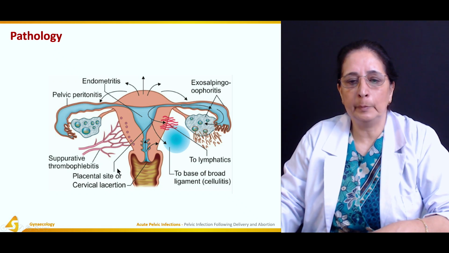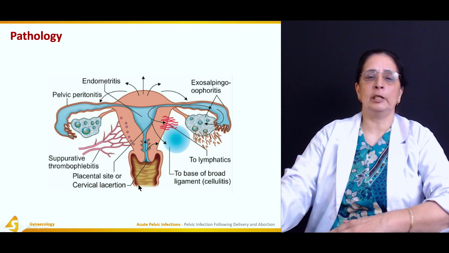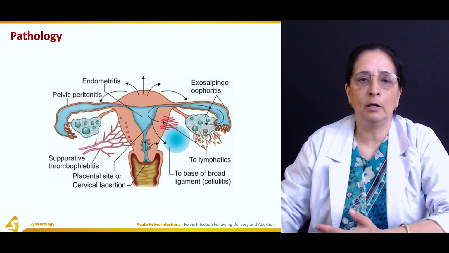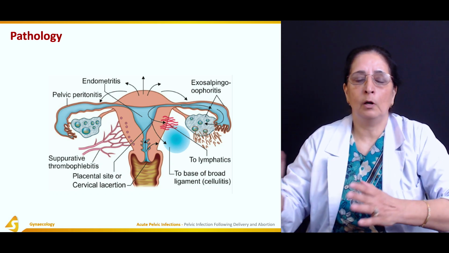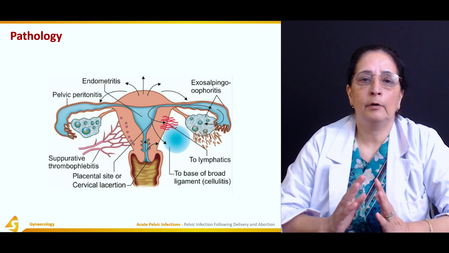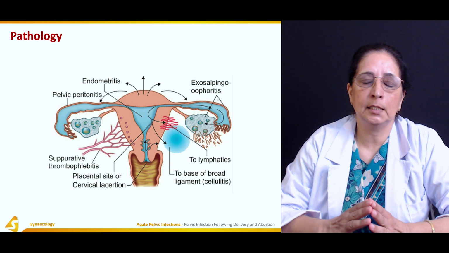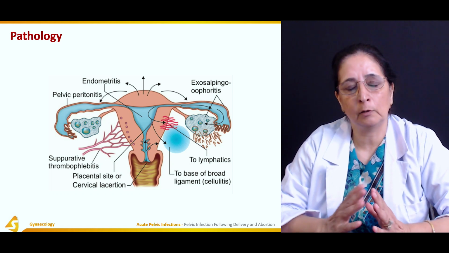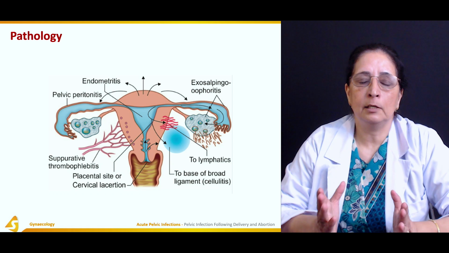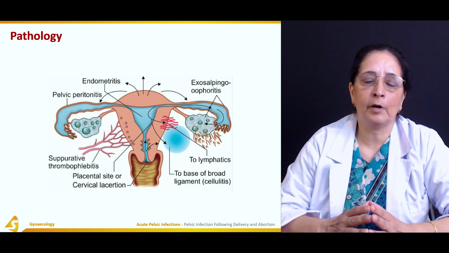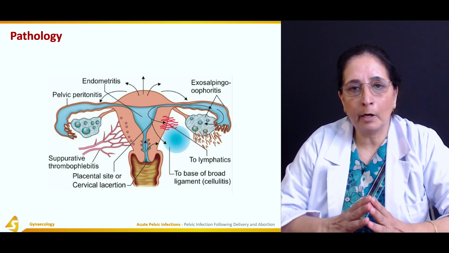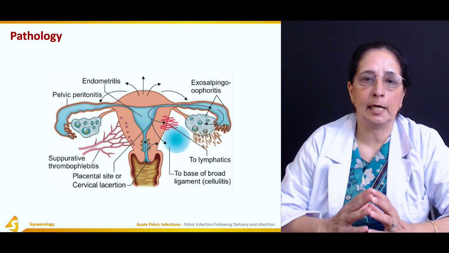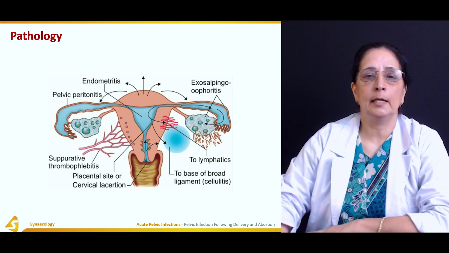Here it shows you the placental site or cervical laceration. So instrumentation during the delivery or during the abortion can involve the endometrium. From the endometrium, endometritis can spread to the tubes, causing salpingitis, and then to the ovaries, causing oophoritis, and then from the ovaries it can spread to the broad ligament and cause cellulitis. So it can spread anywhere in the body.